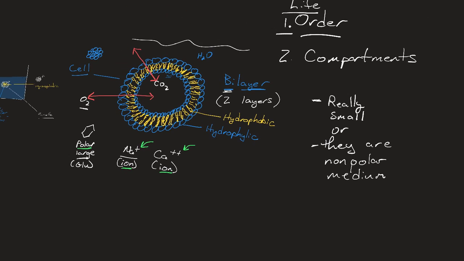How are you going to get other things that you need to get into the cell, like sodium and calcium and sugar, into the cell, if this is nonpolar and these will not pass because they're big, because sugar is big, and these are charged? They're not passing through the membrane easily. So how do you get them through? How are you going to get them through the membrane?